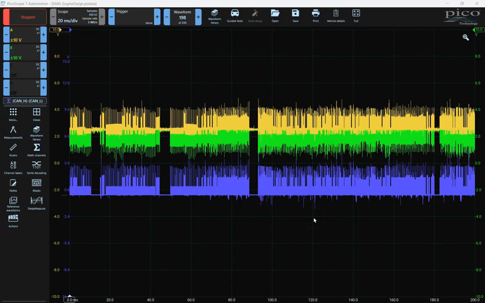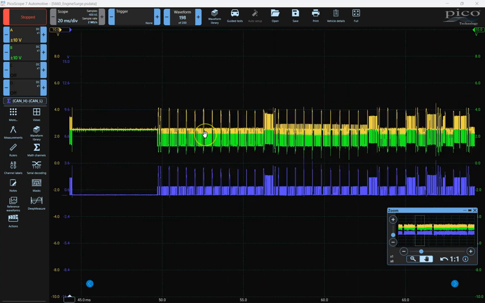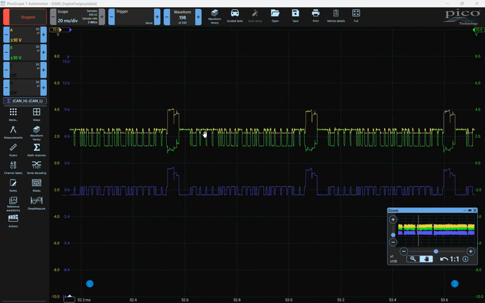Okay, taking a look here, this is an actual failure that we found in the field on a John Deere S660 combine. It had complaints of very intermittent problems with DTCs and with engine speed changing and surging. If we zoom in, we can see that at some point we have this problem. Here's my 2.5 volts approximately.